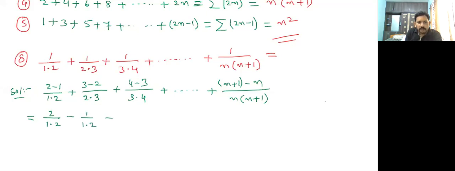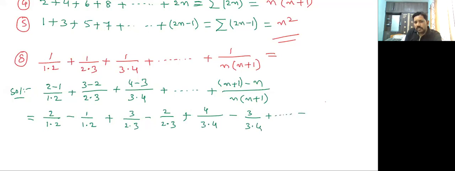This is the first term, plus (3 minus 2) by 2 into 3, plus (4 minus 3) by 3 into 4, plus and so on. Last term, (n plus 1 minus n) by n into (n plus 1).